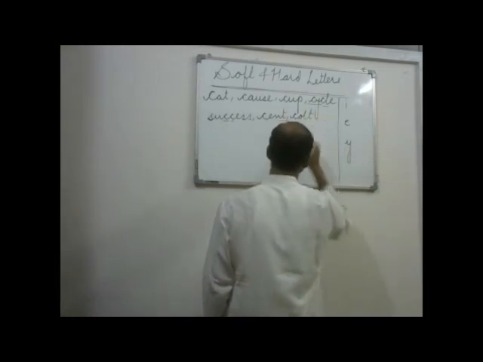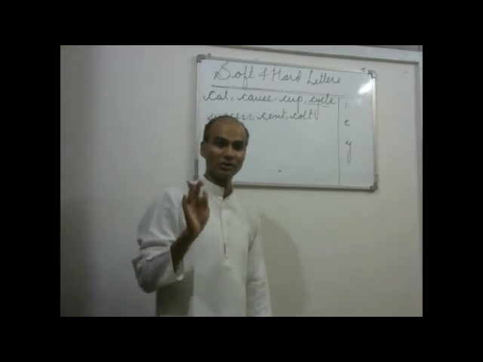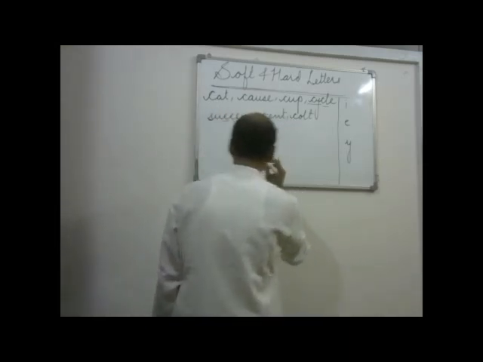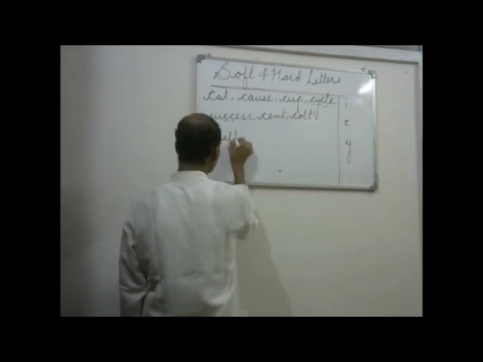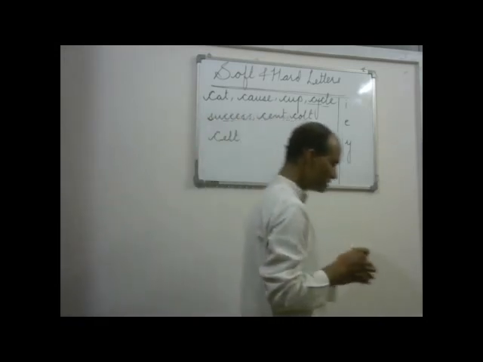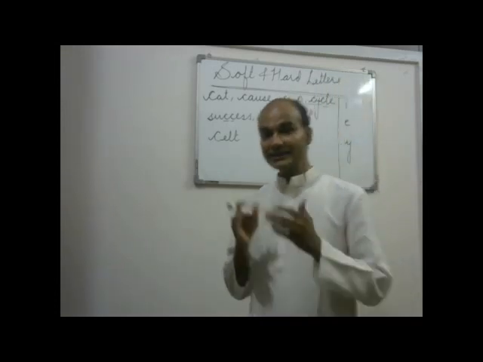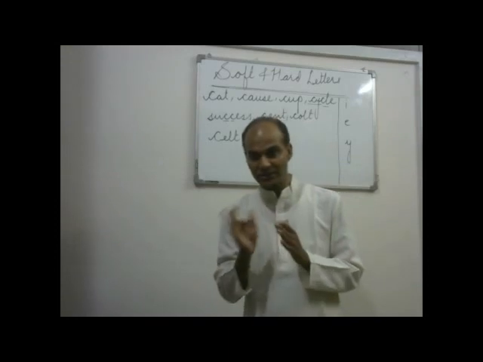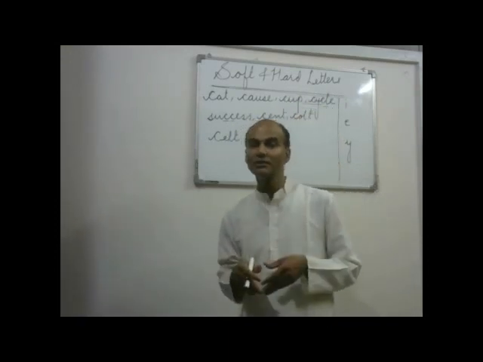C-O-L-T, colt. You can see C is being followed by O and it is co, not salt, it is colt. Now the exception to this rule is C-E-L-T. You can see C is being followed by E here. Still it is pronounced as kelt, not selt. And what is this word? What's the meaning of this word?